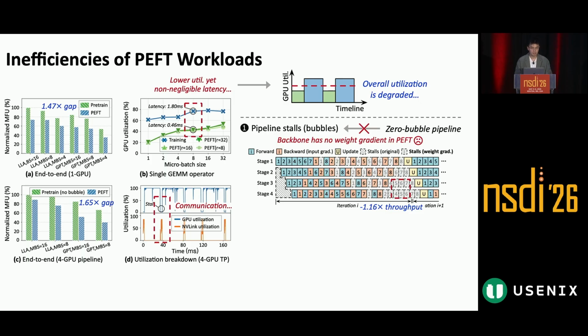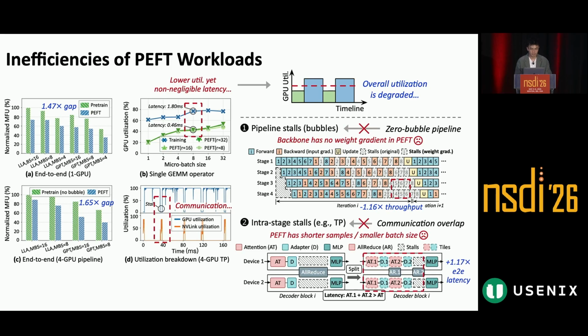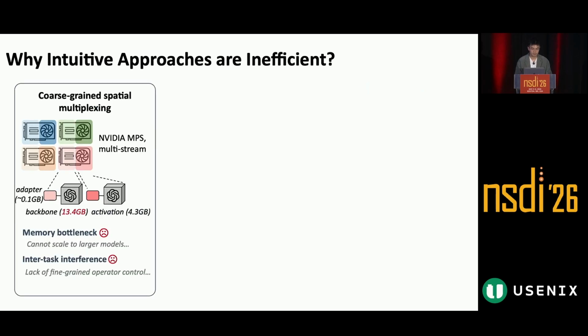Directly using it in PEFT would undermine throughput by 1.16x compared to the standard 1F1B pipeline. For tensor parallelism, since PEFT has smaller input sizes, overlapping communication by splitting computation into tiles would further decrease operator utilization. While the communication stall is reduced, the end-to-end latency may still increase by 1.17x.